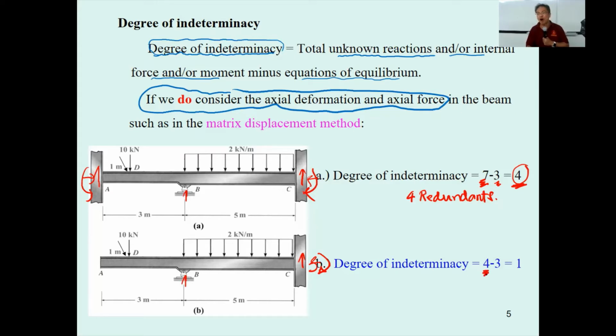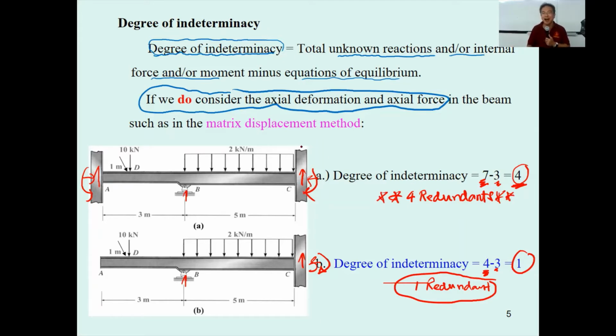This is 4 unknown reactions, and you have 3 equations of equilibrium. So this one requires only 1 redundant. If you use the knowledge of consistent deformation, this problem will be solved easily. But the other problem will require a lot of work to solve for 4 unknowns.